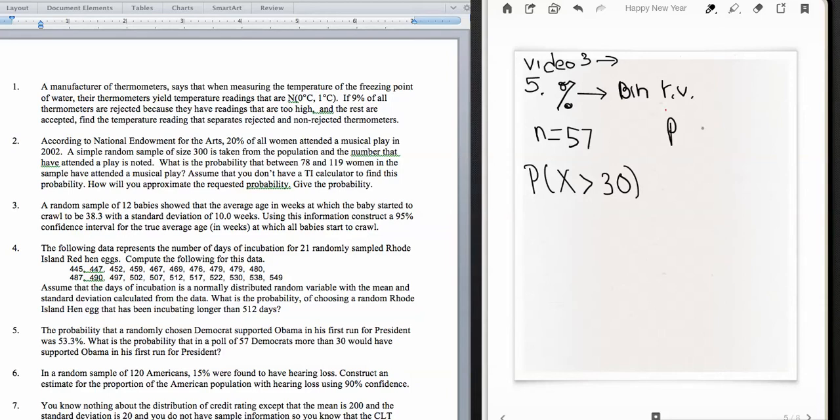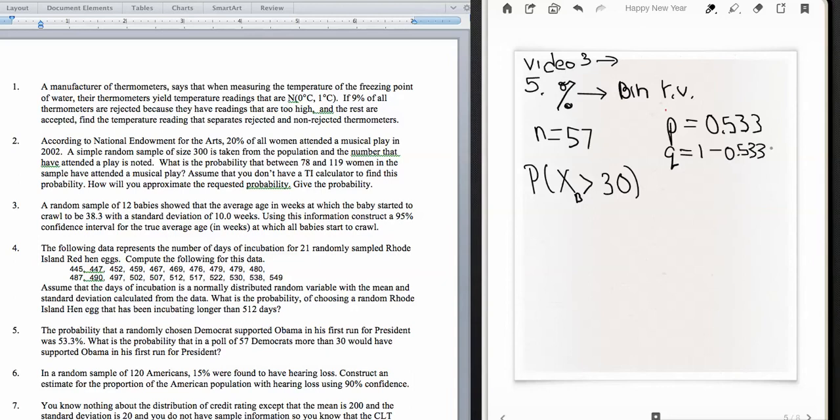So I know my proportion of Democrats that supported him was 53.3% or 0.533. So if I want to find this probability of a binomially distributed random variable being greater than 30, and I know this information, I'm ready to go. Now, you might want the Q in here, so remember this is 1 minus 0.533.